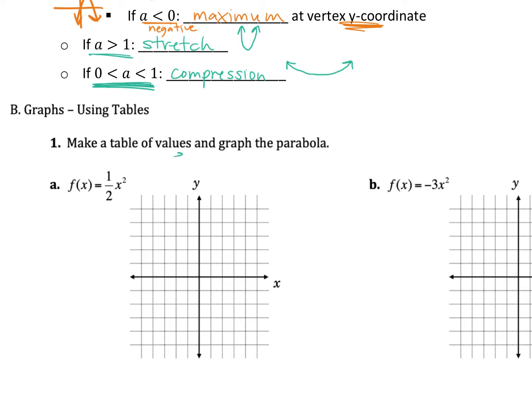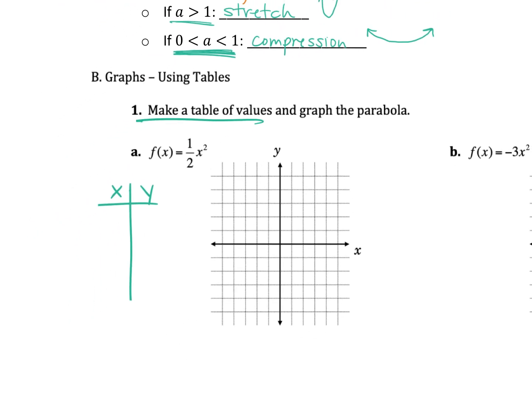So it says make a table of values. Table of values is your t-chart, right? You have an x value and a y value. We're going to do 5 points, and it's always going to be the same 5 points because it just keeps it consistent, okay? So we are going to do -2, -1, 0, 1, and 2.